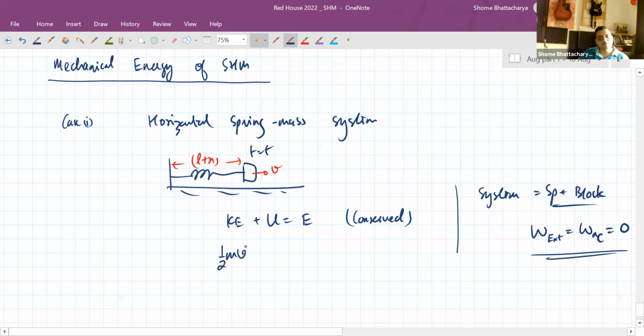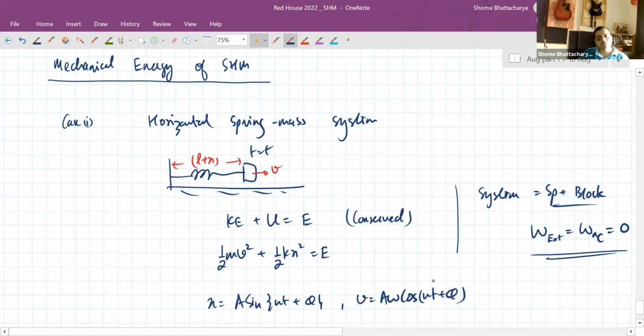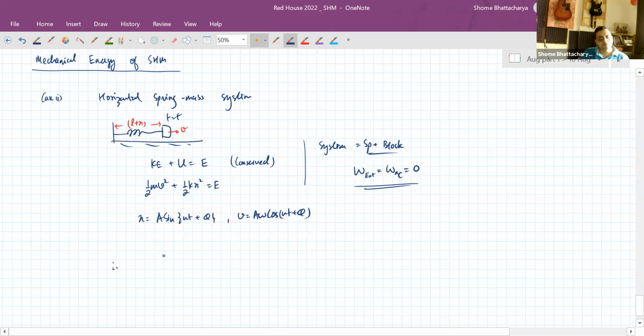So half mv square plus half kx square is the mechanical energy. Now here x is in general A sine (omega t plus phi), and v is in general A omega cos (omega t plus phi).